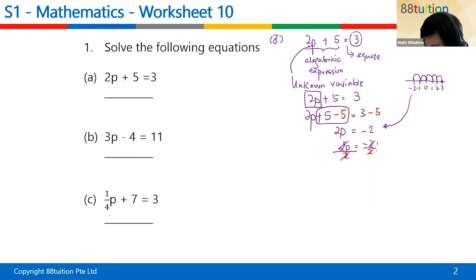I cancel. My 2p divided by 2 gives me a single p. 2 divided by 2 gives me a 1. However, it is minus 1. Be very careful with all the negative signs. So my answer will be minus 1.